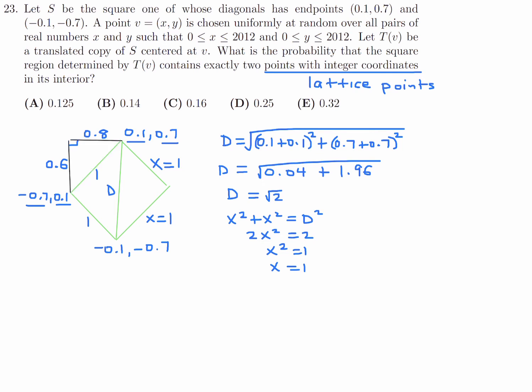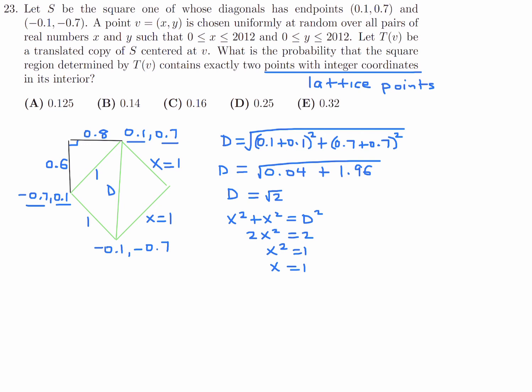Okay, now we've exhausted this, so let's get to the heart of the question. They're taking this square and moving it somewhere else in the coordinate plane. It's only in the first quadrant, because x goes from 0 to 2012 and y goes from 0 to 2012.